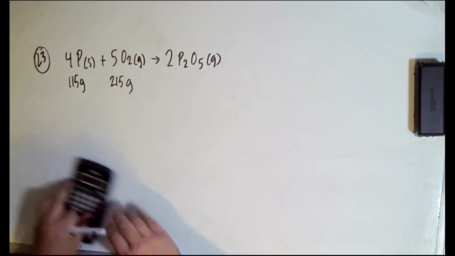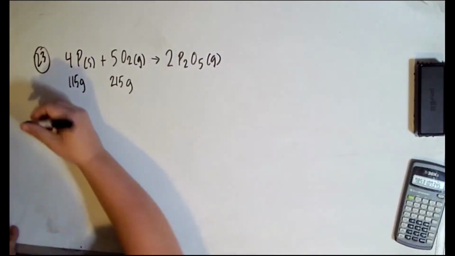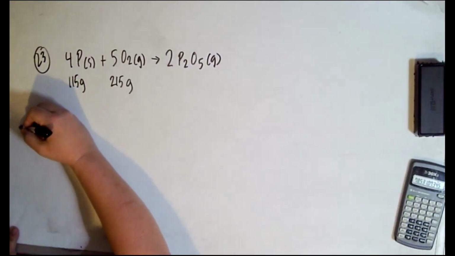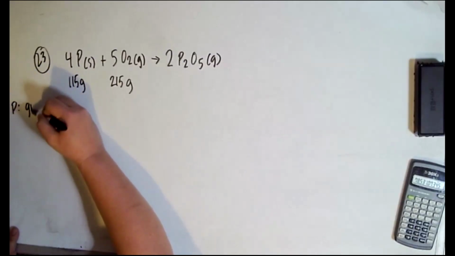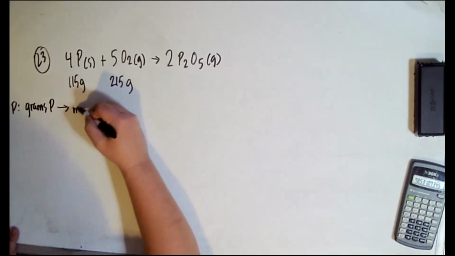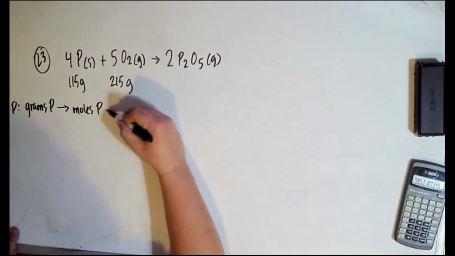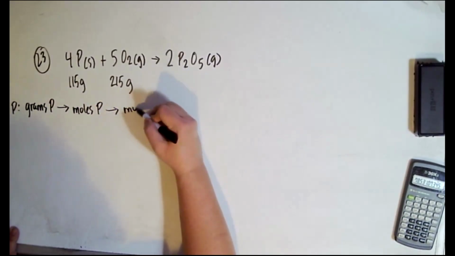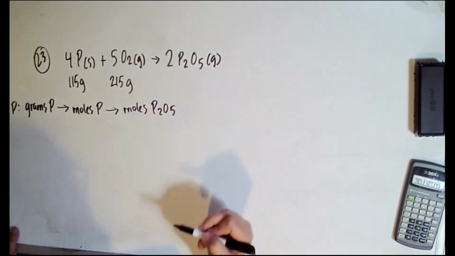So first things first. We'll start out with our phosphorus. Grams of phosphorus to moles of phosphorus using our molar mass, to moles of P2O5 using our balanced equation.